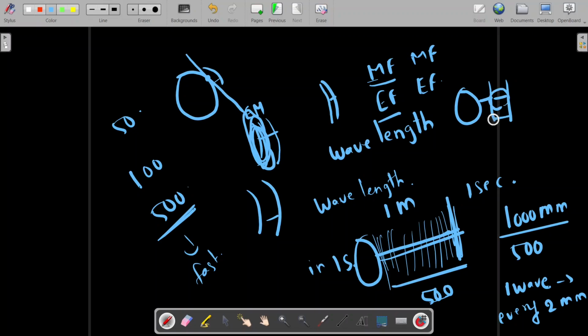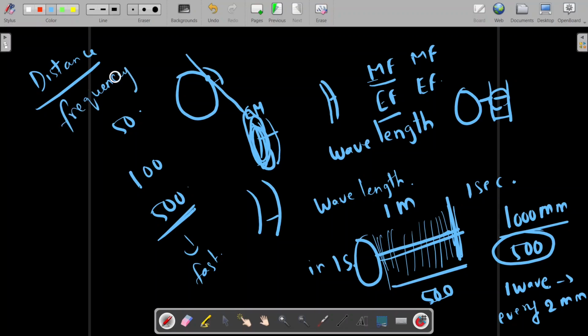So here, this 2 millimeter is nothing but the wavelength. The length between two consecutive waves is nothing but the wavelength, which we have found by the distance it covered divided by how many waves it generated, that is its frequency. That is, how frequent are those waves?